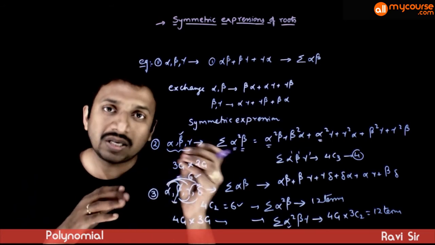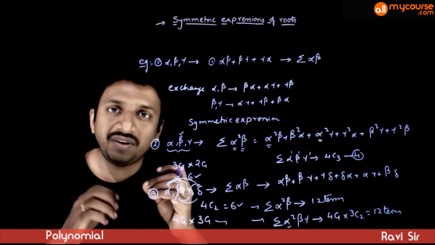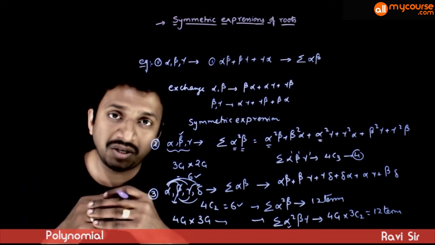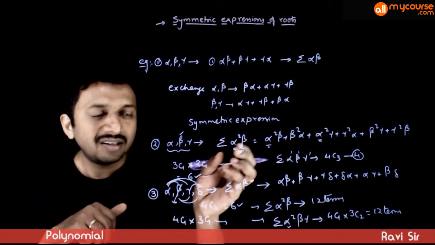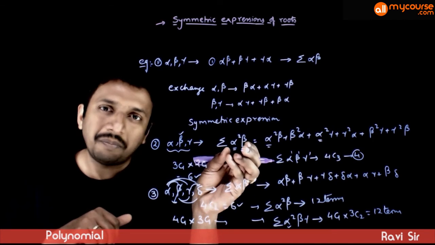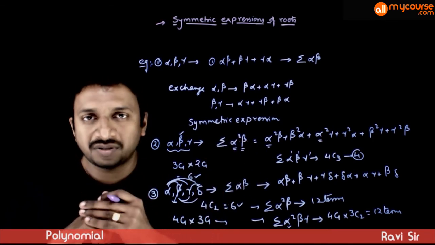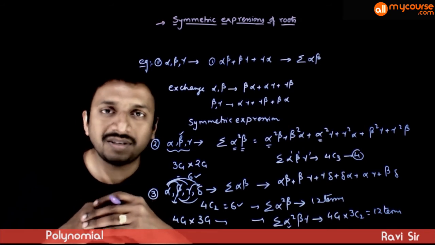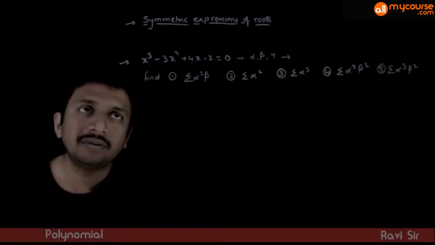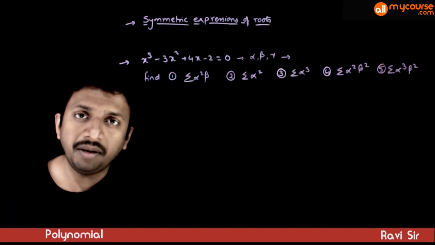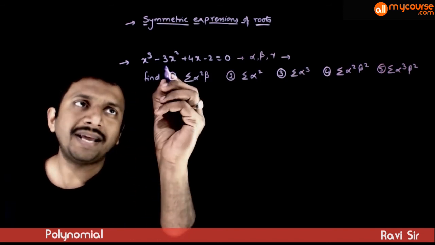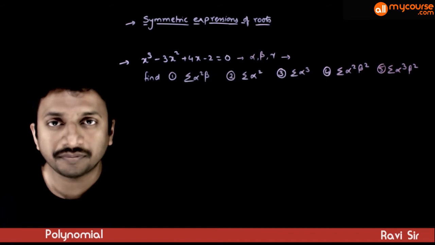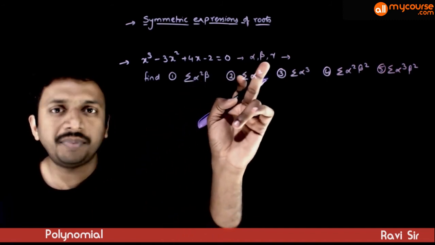And using the relation between the coefficients and the roots of a polynomial equation, we can find the values of many symmetric expressions. So let us take some examples and find the values of symmetric expressions. Let us take this example: x cube minus 3x square plus 4x minus 2 is equal to 0 has roots alpha, beta and gamma.